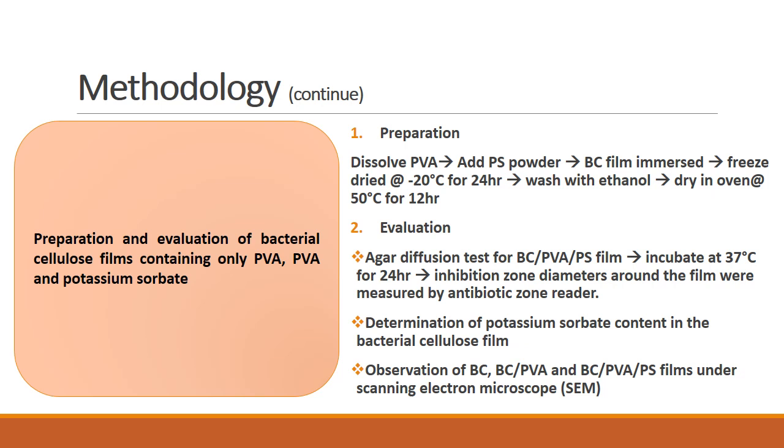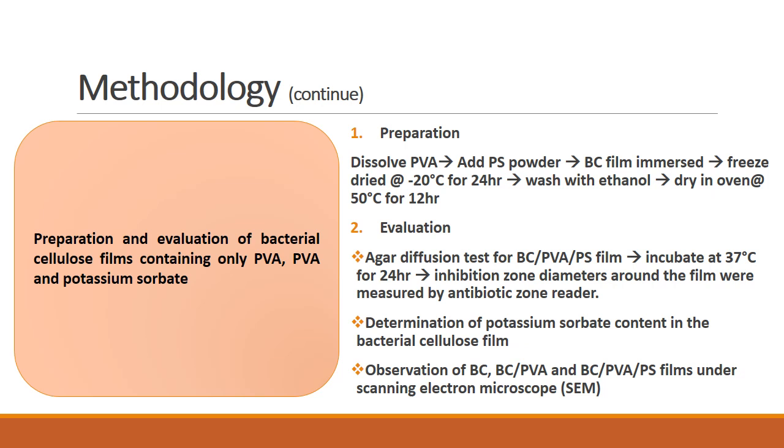To evaluate the antimicrobial efficiency of the new film, the agar diffusion test is the method used in this project. The film is incubated at 37 degrees Celsius for 24 hours with the petri dish inoculated with Escherichia coli.